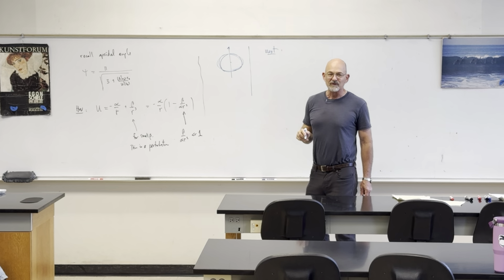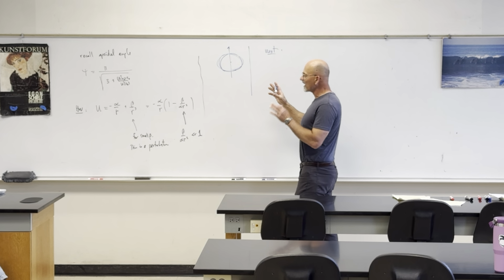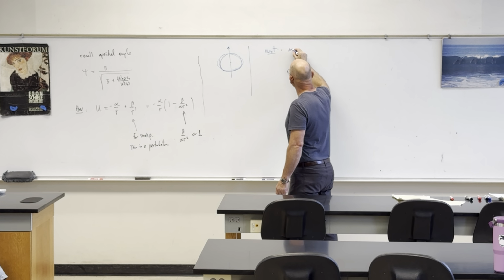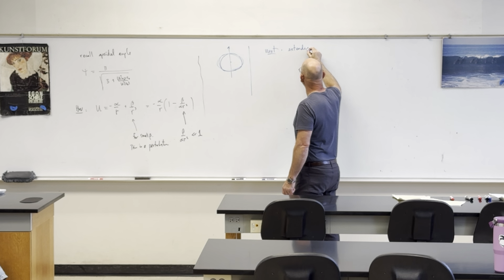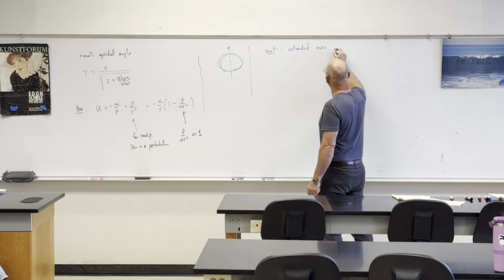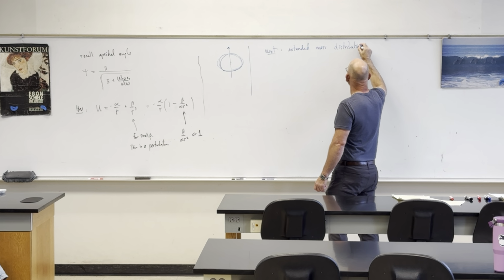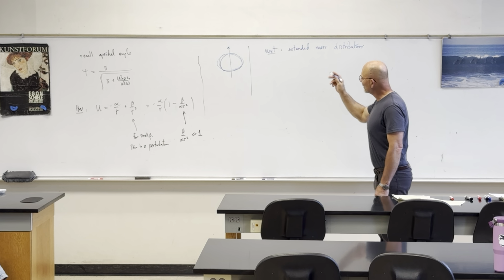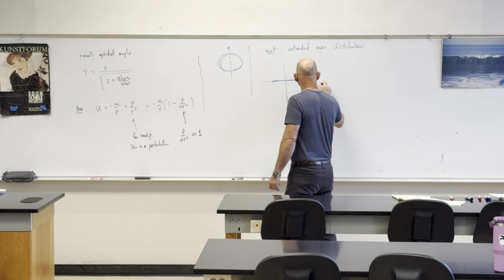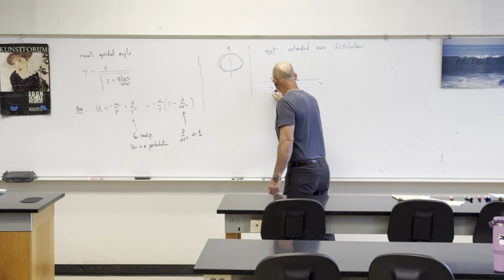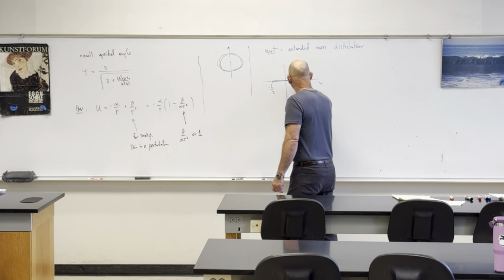extended mass distributions. So there's a point mass, and for the moment not a spherical, extended mass distributions. And a good one to start with, and we'll get to those bigger ones, but a good one to start with is just to find the potential of a linear mass that goes on the x-axis from minus L over 2 to plus L over 2.